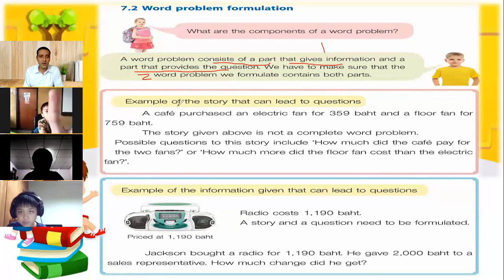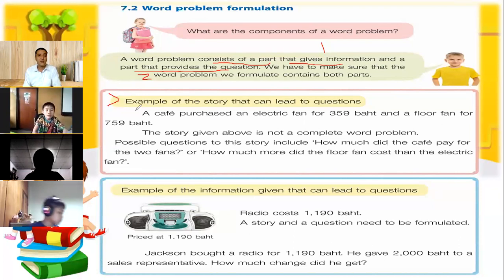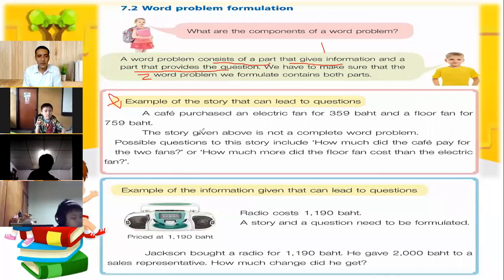So here, first of all, let's have a look at an example. Example of a story that can lead to a question. Here we have a story. They are telling us a cafe purchased an electric fan for 359 baht and a floor fan for 759 baht.